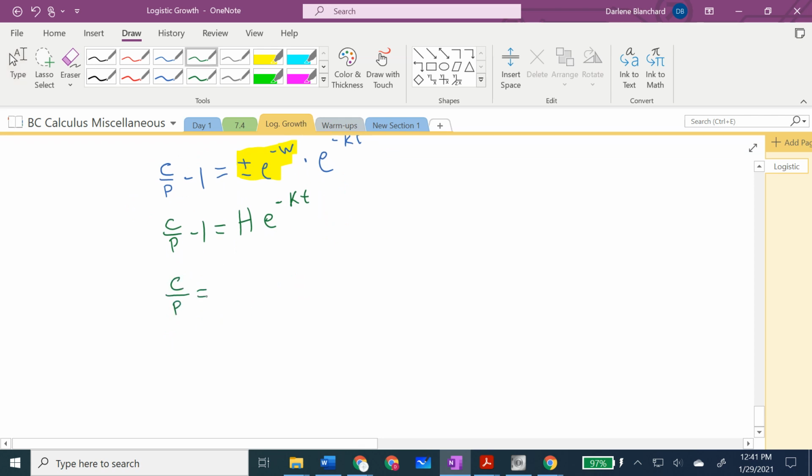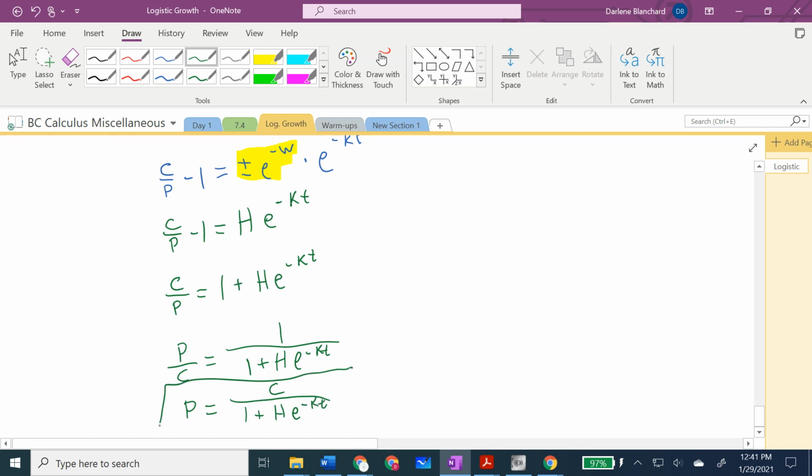Add 1. And then reciprocate. And then multiply both sides by C. And you have the solution to that differential equation.